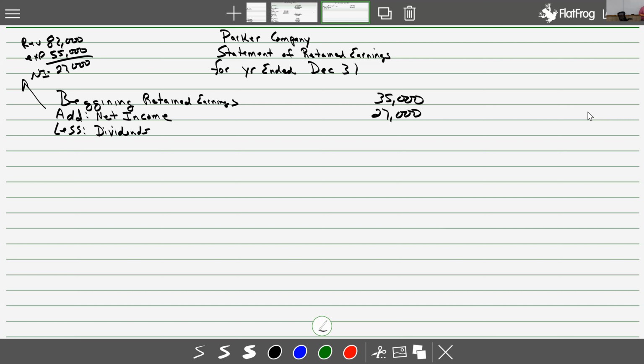From here, we less out any dividends that were paid. The dividends are returning money to the shareholders. About 8,000, so we're going to subtract that out. And that'll get us to the ending retained earnings, which we would transfer to the next balance sheet that we were making.